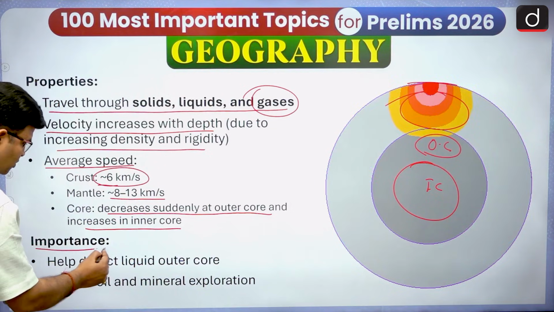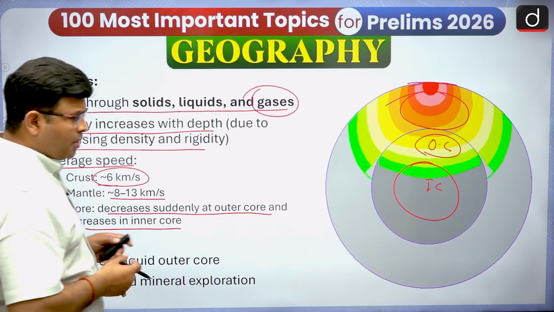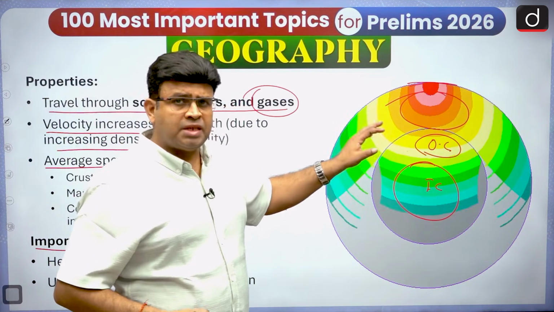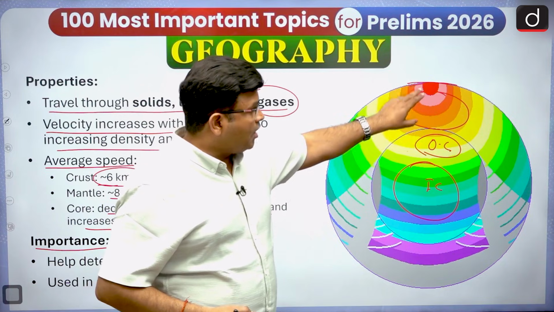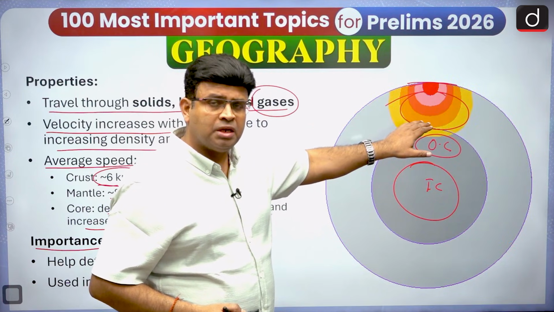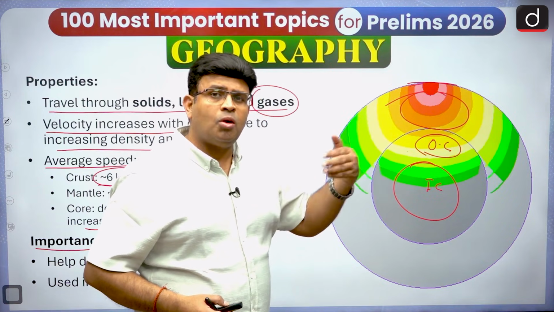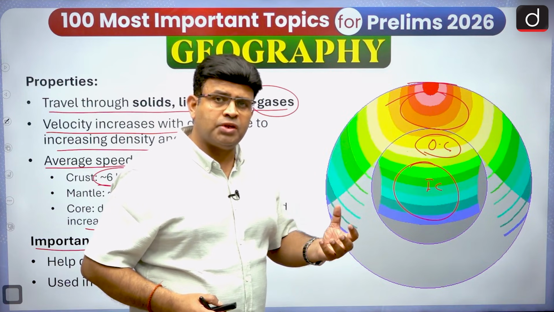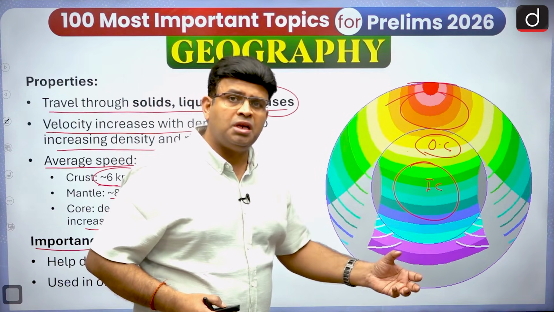What is the importance of that? Scientists have observed that the depth of the mantle is up to 2900 kilometer, and from the depth of the mantle onwards, the speed suddenly decreases.